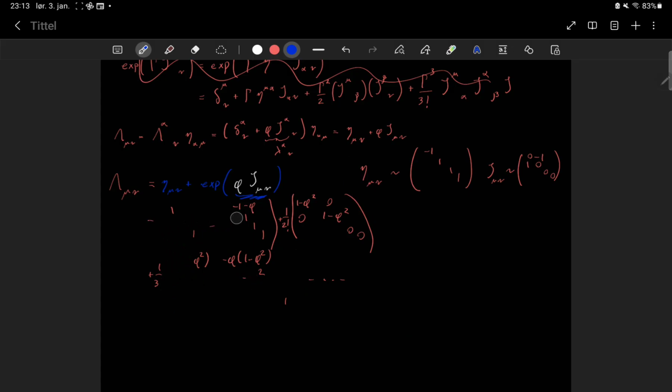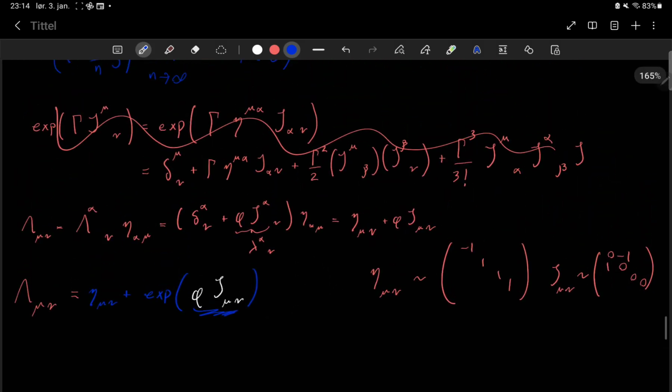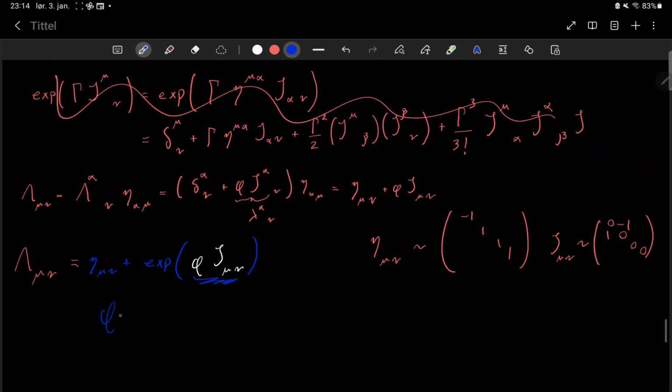Okay, this makes more sense to me as well, because we expect that for the parameter equal to 0, this will just be the identity, because we're saying don't boost.